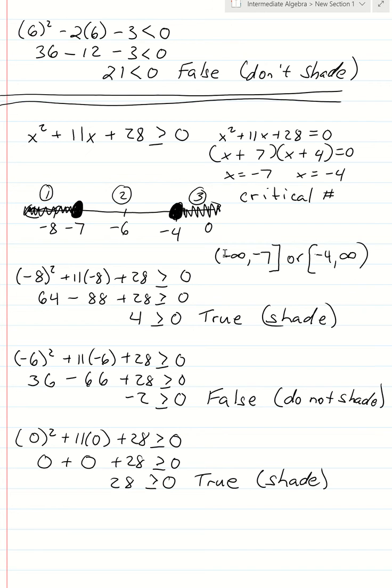Recall with interval notation, whenever we use the infinity symbol, whether it be negative or positive, we always surround it with a parenthesis. As well, when the critical number is included, when it's a dot or a closed circle, we have to use the bracket.